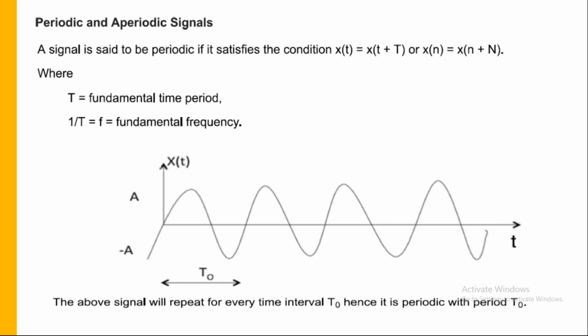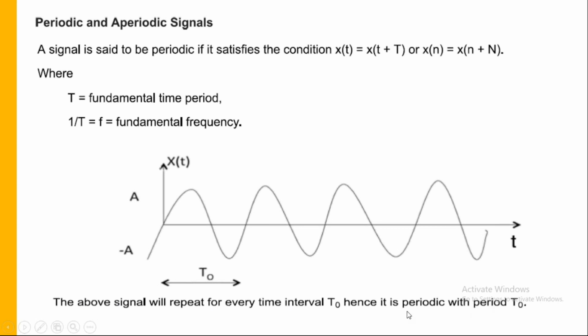Suppose the signals do not satisfy this condition, that is, x of t is not equal to x of t plus T. That means sometimes you have a sinusoidal waveform, then a cosinusoidal waveform, then a sinusoidal waveform again, and some other waveforms. Such signals you can call aperiodic signals. They do not have the same period, and they do not repeat after certain instants of time. That is the example for a periodic signal. If the above signal repeats for every time interval t naught, hence it is periodic.